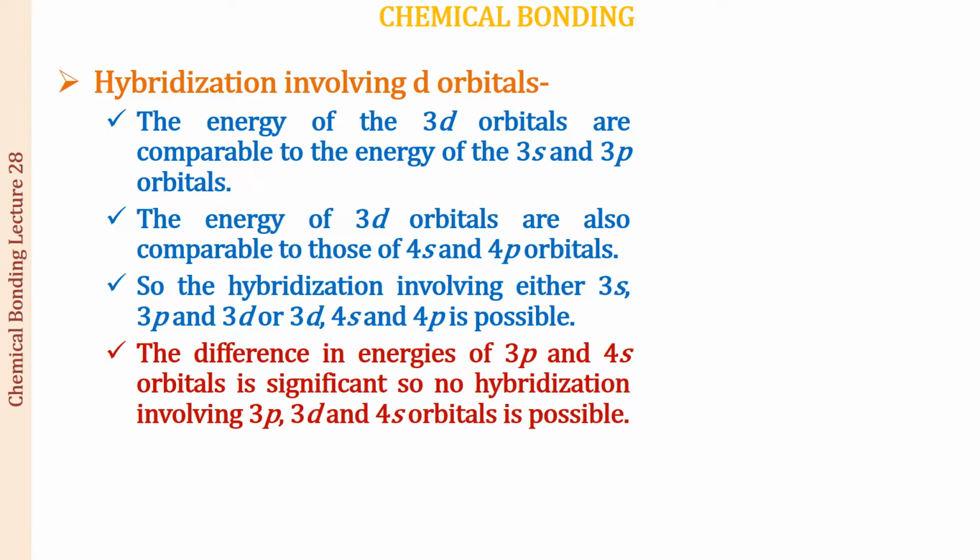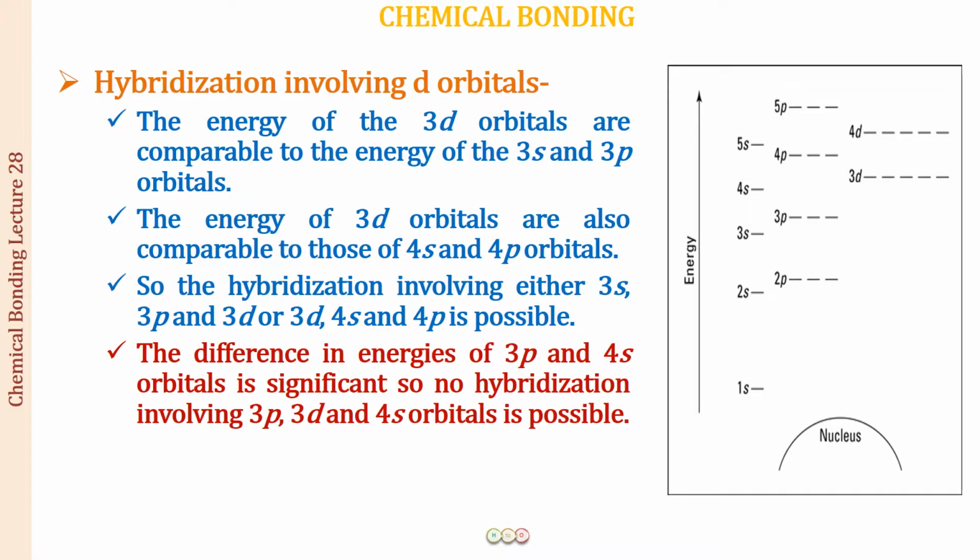Now, as far as the d orbitals are concerned, you have to go back to your atomic structure course, wherein we learned about the energy level diagrams. There we saw that the 3d orbitals have energy which is higher than the 4s orbitals, right? So they are almost of comparable energy, and the filling in the 3d orbitals is after the filling of the 4s orbitals, right? So of course the Aufbau principle was what you learned.